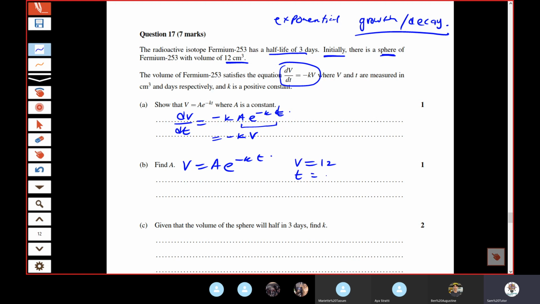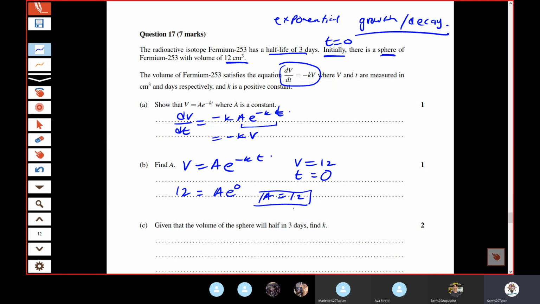Zero. Initially means always time equals 0. And A is always initial, just so we remember that. So V is 12, which means e to the 0 is 1, so therefore A equals 12. Always A must be your initial amount, initial population, initial volume, initial whatever it is.